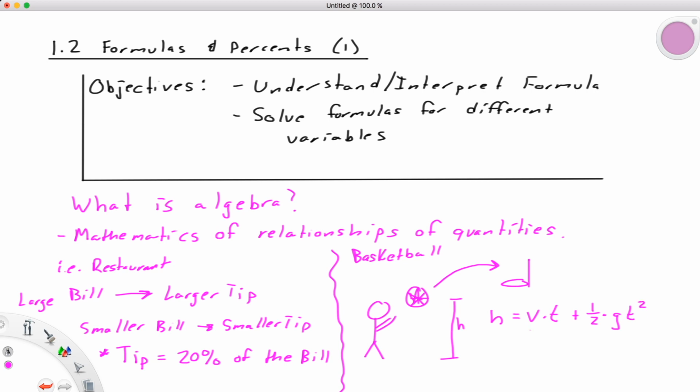So this here is a formula that represents the relationship between all of those different quantities: the height of the basketball, the speed at which it was thrown, the time since it's been thrown, and the acceleration due to gravity. We put all those together, and we have a way to very specifically, very explicitly represent the relationship between those types of quantities. And this is what we call a formula.